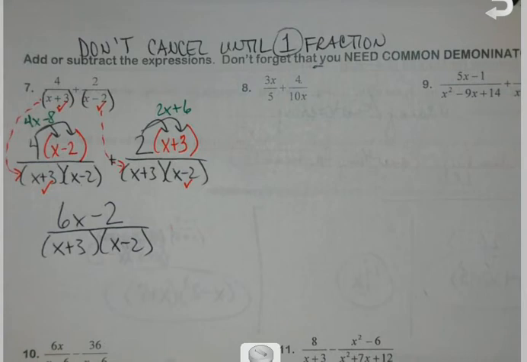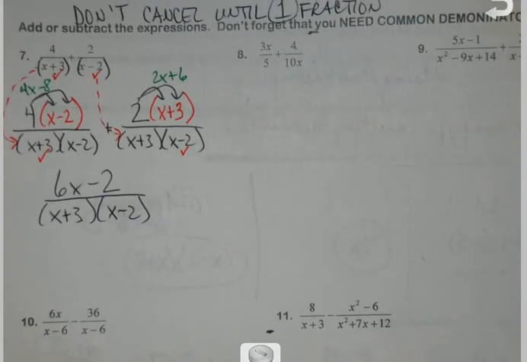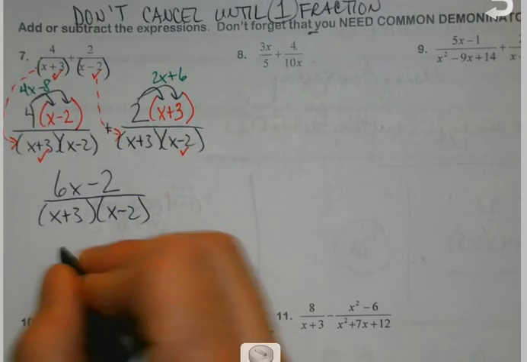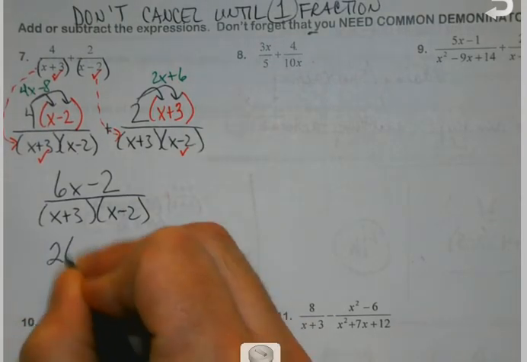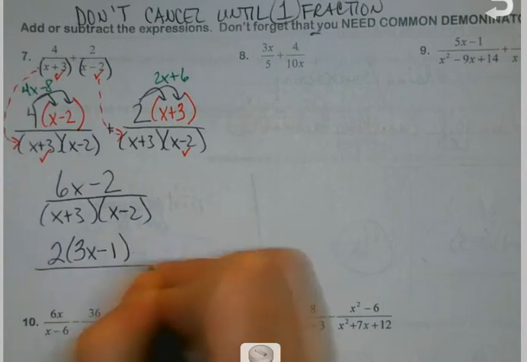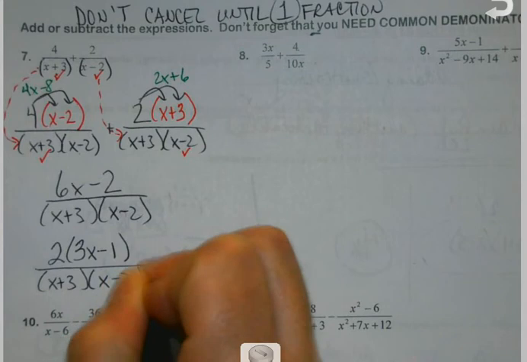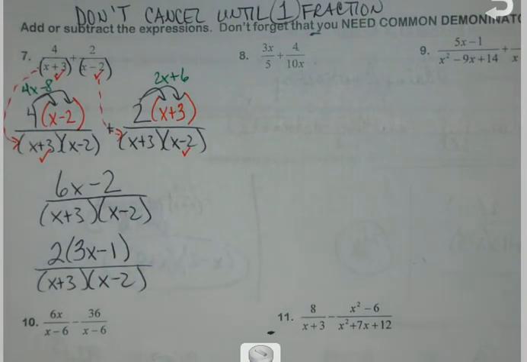Before you circle, can I do anything else to the numerator? You could take a 2 out, because they do have a 2 in common. And we've had this discussion before. No, it didn't make something that you could cancel this time.